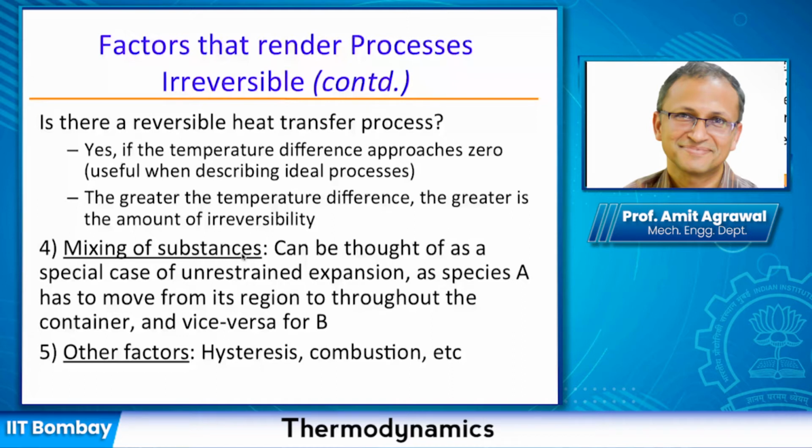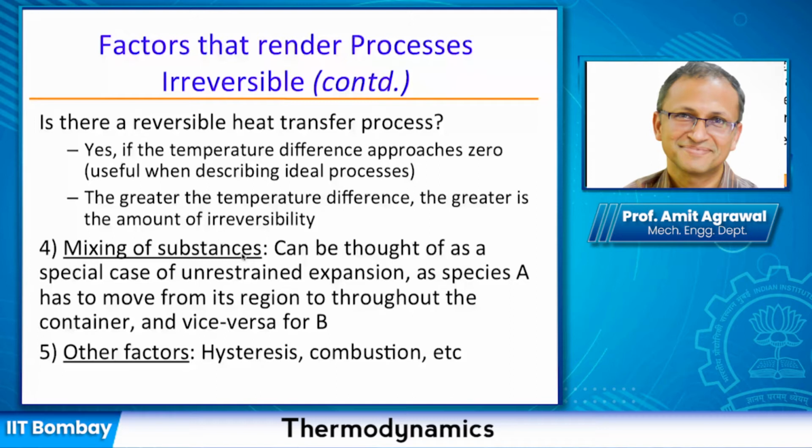Essentially you have perfume molecules diffusing into your air molecules and so on. So you can again think of it as an unrestrained expansion of species A into species B and vice versa. Very similar arguments, or the same argument, apply here as well.